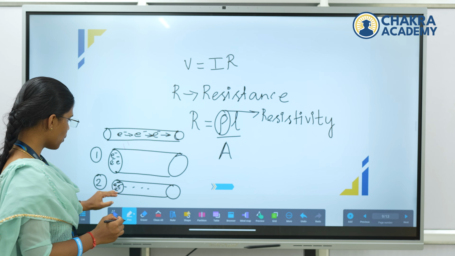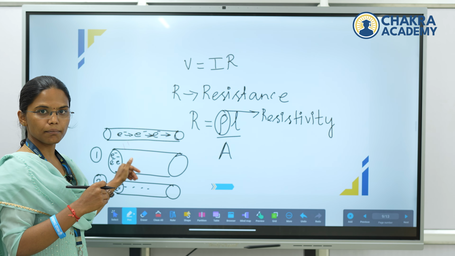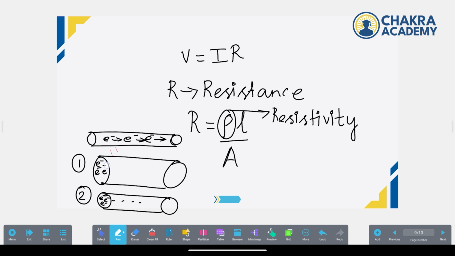So this is how, when the area is more, the resistance will be less. Why is resistance less? Because the collision will be less and they will be taken forward easily, whereas in this case the resistance is very high. Why? Because here the electrons will be colliding more among themselves first, so they will be concentrating on collision and they won't move forward easily.